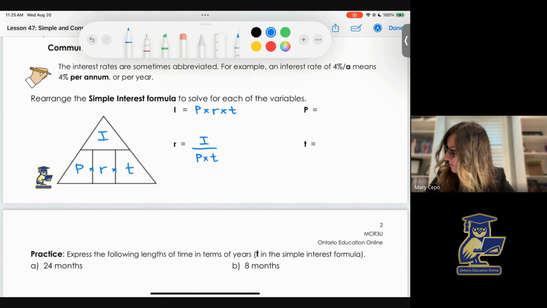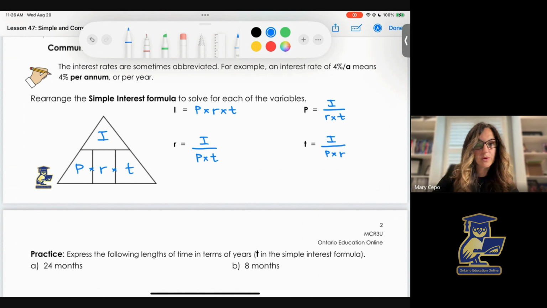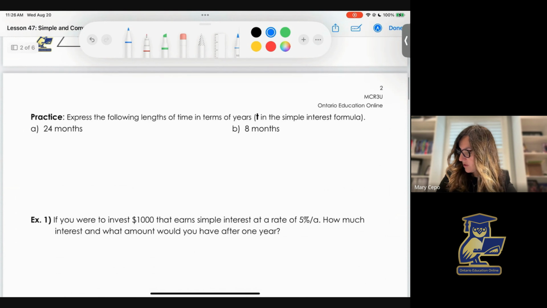If we wanted the principal, it is I over R times T, and likewise T would be I over P times R. Those triangles are helpful to rearrange and solve for the unknown.